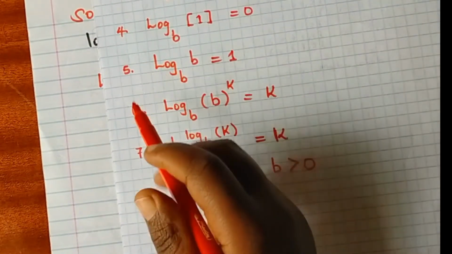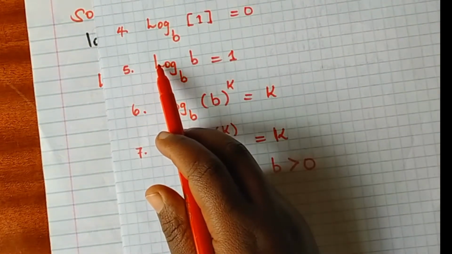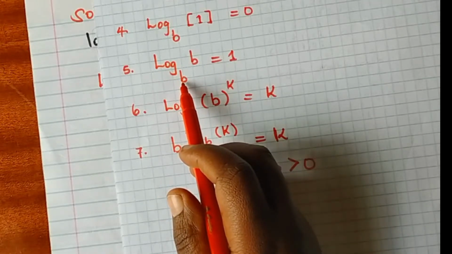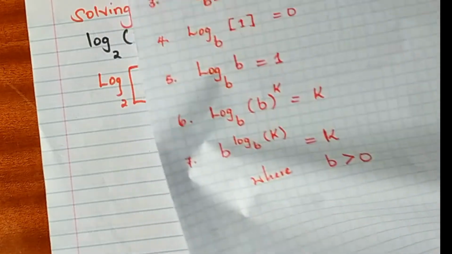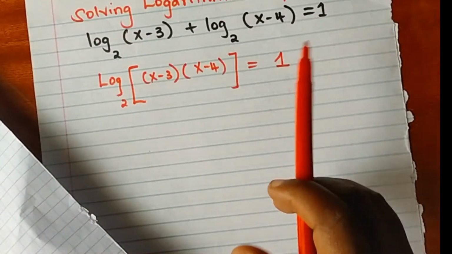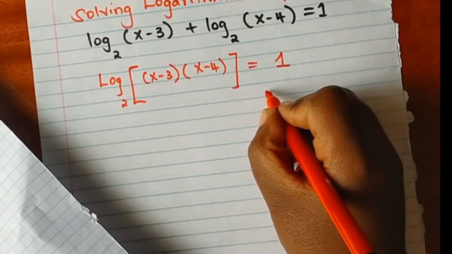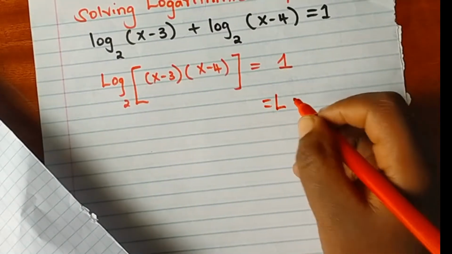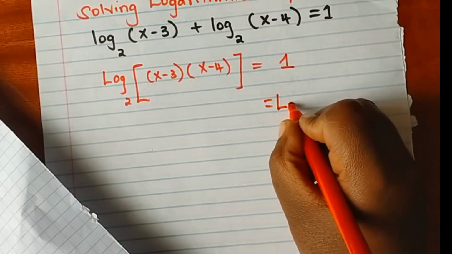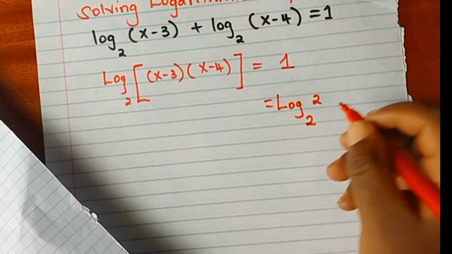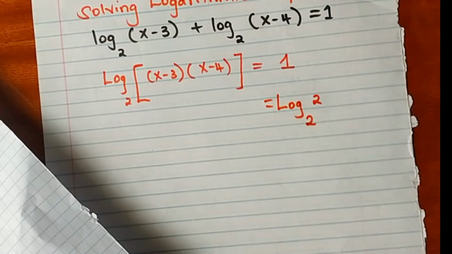The log of b to the same base b should be equal to 1. Therefore the right hand side, 1, can be written as the log of 2 to base 2.